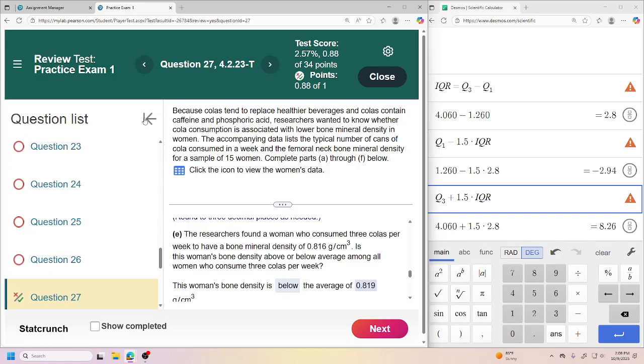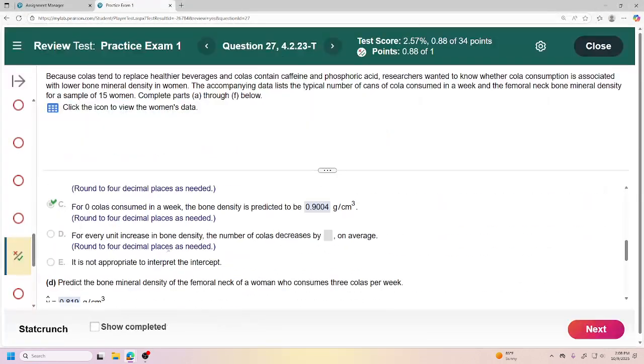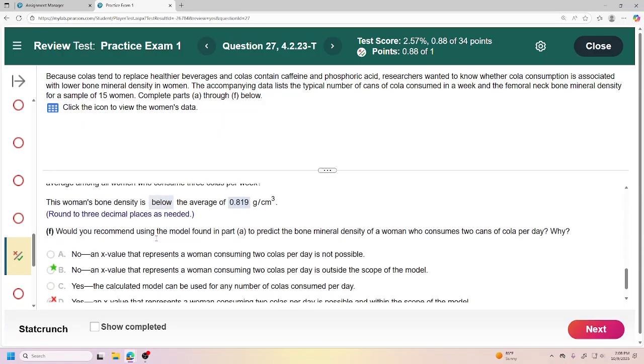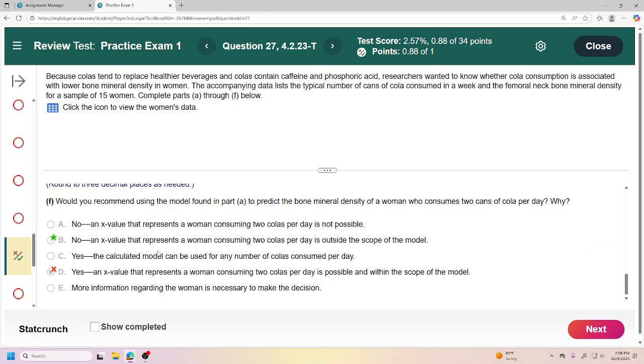So let's see, what did I get wrong technically? Okay, so that's all good, that's all good, this is good, that's good. Would you recommend this model for someone who drinks 2 colas? They say no, because it's outside the scope of the model.